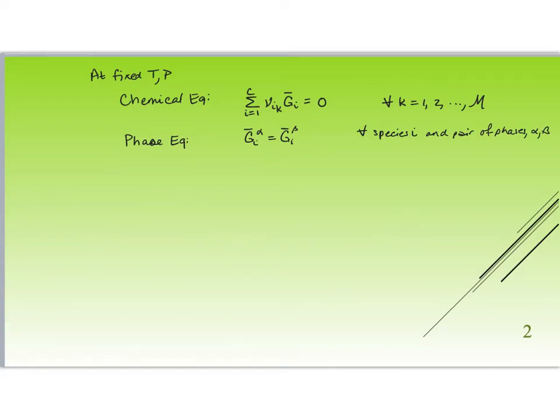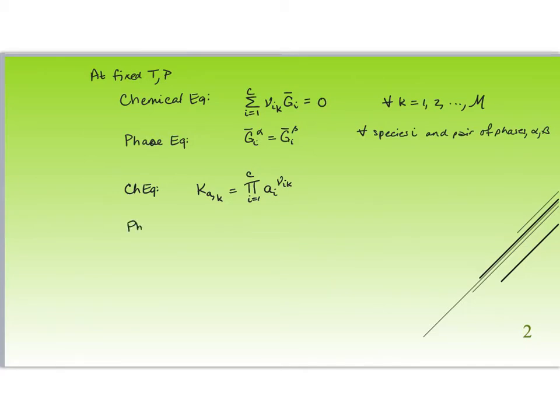The practical way we use these is that chemical equilibrium results in an equilibrium constant based on activities for reaction k, which is the product of all components' activities raised to the stoichiometric coefficient power for every reaction k.